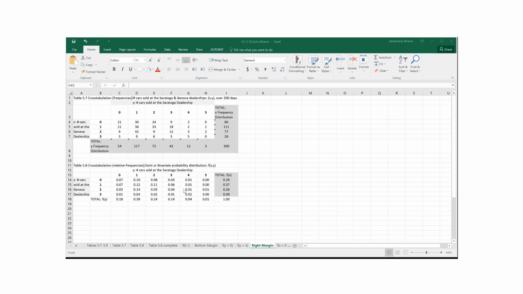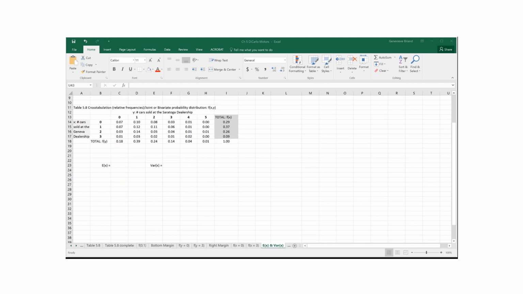And so we get the relative frequency distribution for variable x, the sales at the Geneva dealership. The probability of selling 0 cars at the Geneva dealership on a typical day is 0.29. The probability of selling 3 cars at the Geneva dealership on a typical day is 0.09.